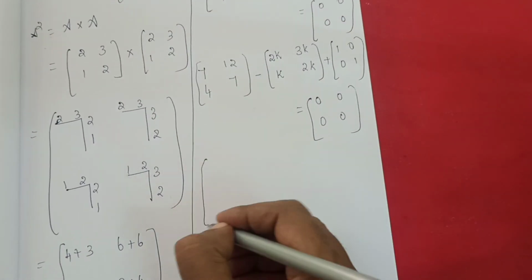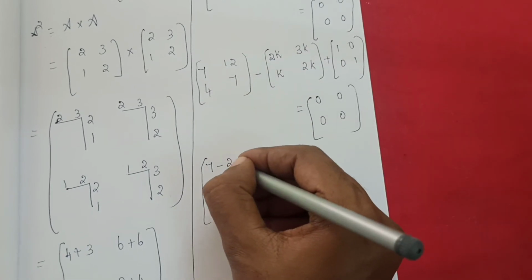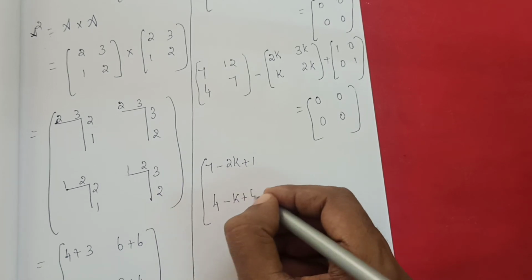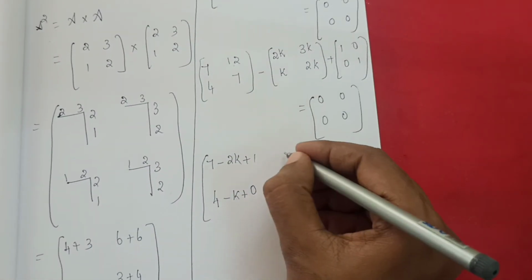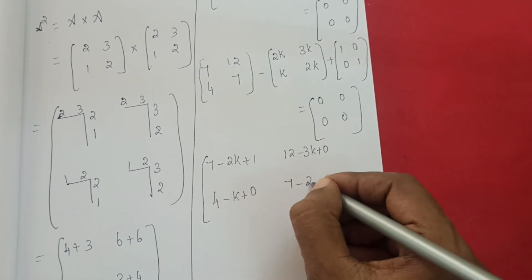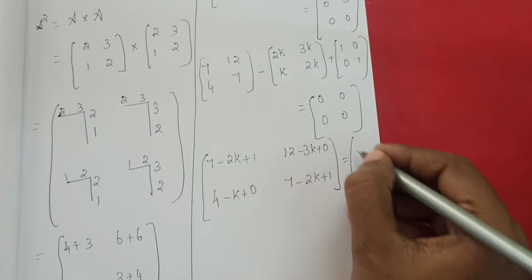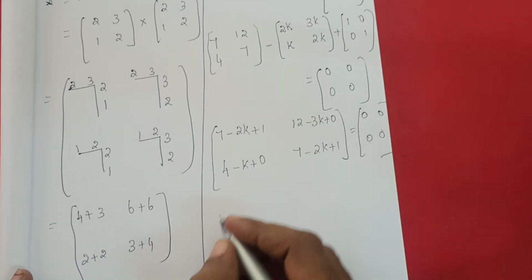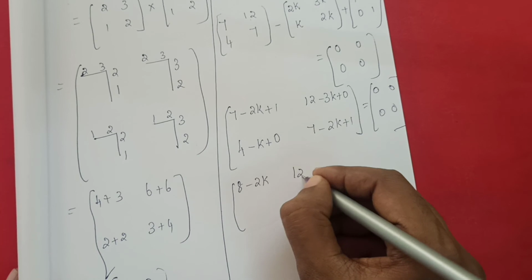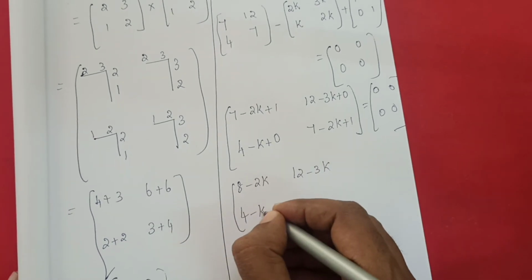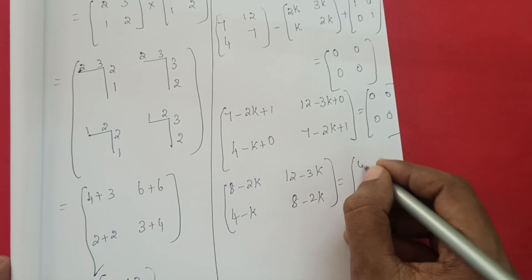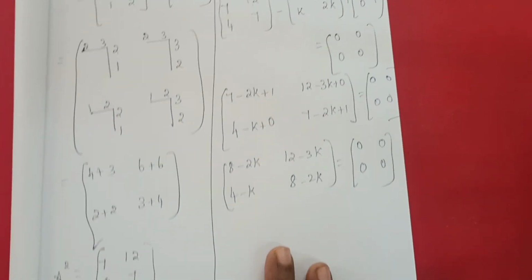So 7 minus 2K plus 1, which is 8 minus 2K. Same way, 4 minus K plus 0. Then 12 minus 3K plus 0. Then 7 minus 2K plus 1 is 8 minus 2K. So that's equal to 0, 0, 0, 0. Listen here students.